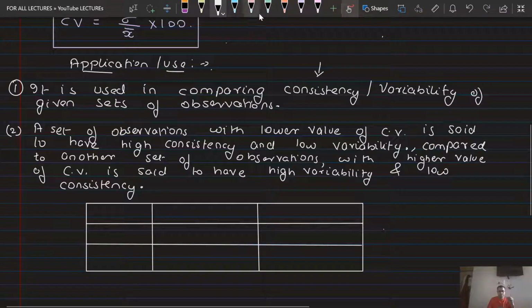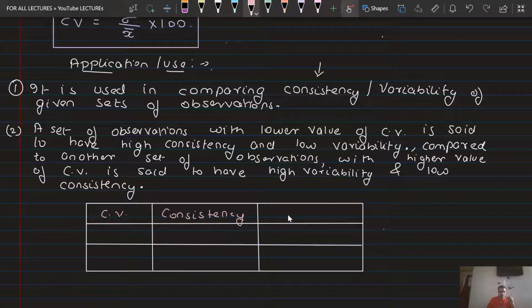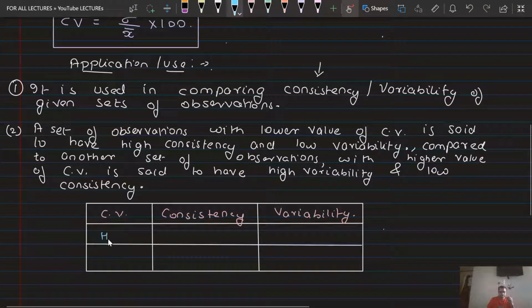Okay. So I write over here coefficient of variation, consistency, and the variability. In case of high coefficient of variation, see what we have written. For a set of observations with higher value of coefficient of variation, there is a high variability.